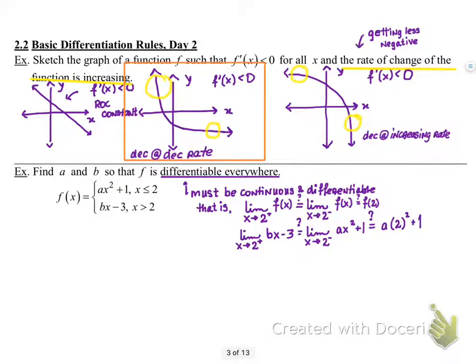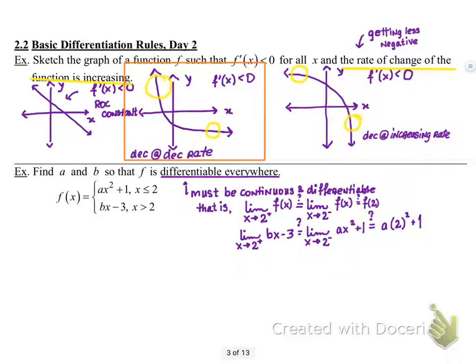But this is Calc 1, not your senior year of a math degree, so you know that there is a solution in here somewhere. In order for it to be differentiable everywhere, we have to look at the derivative from the left and from the right.